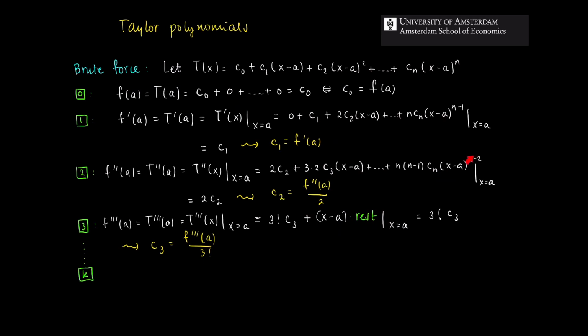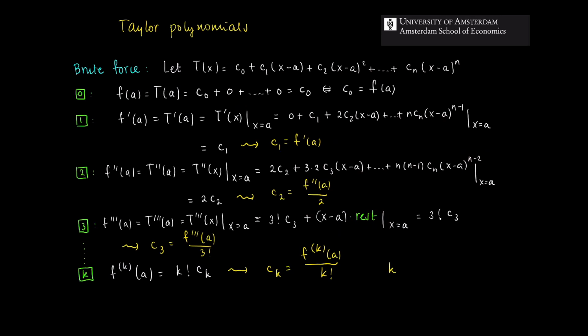If we take derivatives, then here, for instance, we get n minus 2 times n minus 1, then times n minus 3 times n minus 4, etc. So if we look at the kth order derivative of t, and we plug in x equals a, then we get k factorial times ck, from which we deduce that ck should be chosen as the kth order derivative of f in a divided by k factorial.